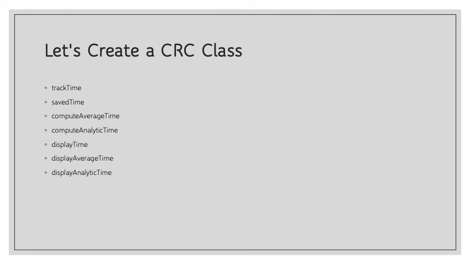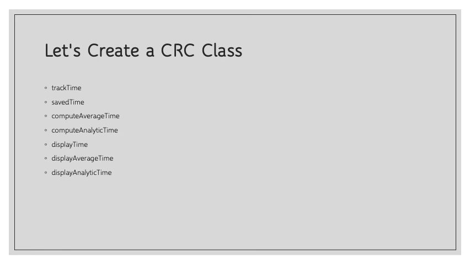And for this, I'm just going to give you a brief example of what each class is supposed to do. Track time is where the user is going to be able to track their time from start to end. And then right after, save time is going to take that tracked time and save it for that day or that running time. And then compute average time is going to take all of the saved data and find the average.